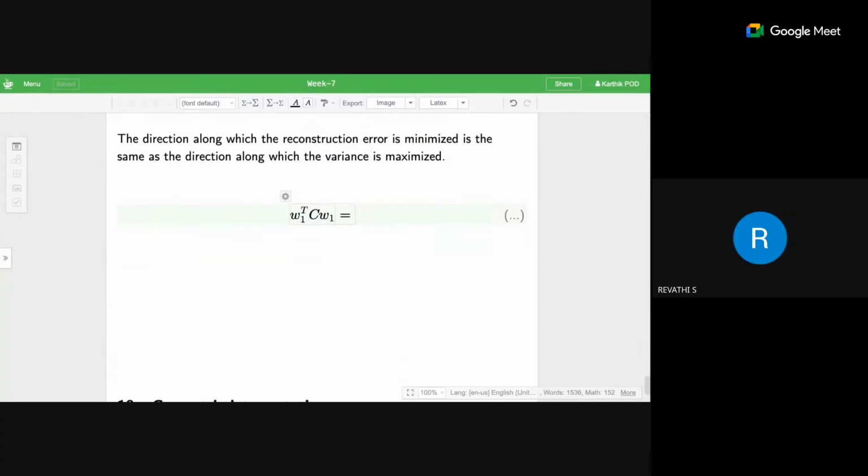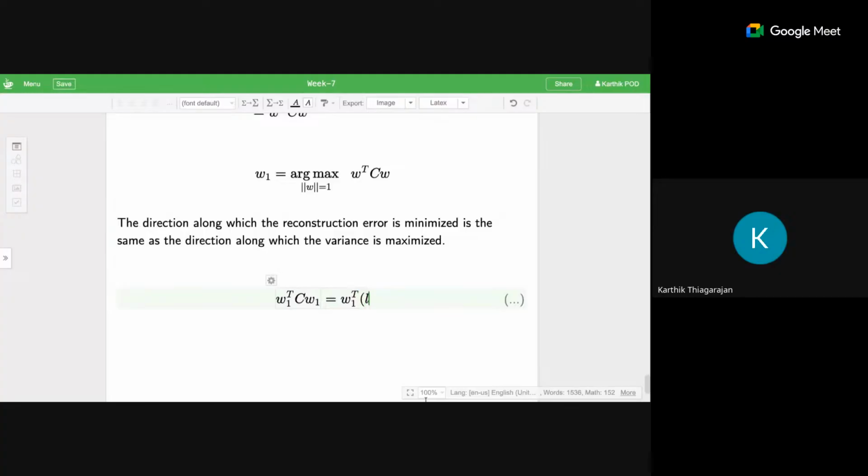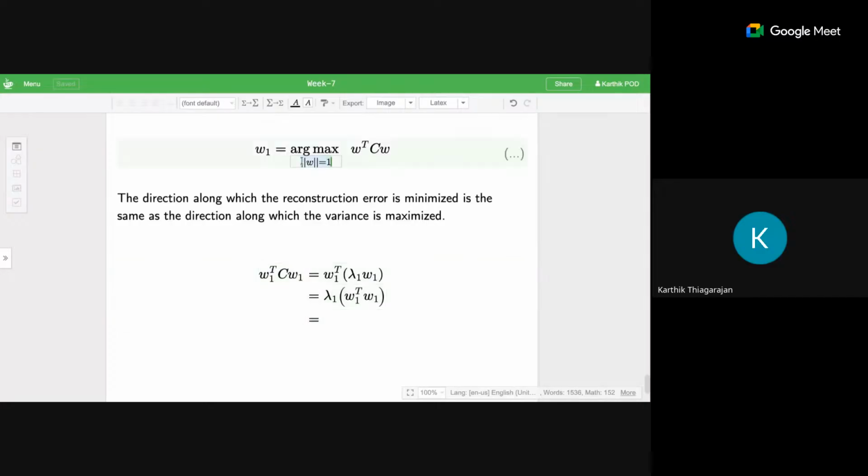It is lambda 1 W1, because we haven't shown this, but we said that the argmax of this is nothing but W1, the eigenvector corresponding to the largest eigenvalue. So this is nothing but lambda 1 W1. Now if you expand it, you will end up with lambda 1 into W1 transpose W1. But what is W1 transpose W1? It is 1, right? So W1 is a unit norm eigenvector. That is what this means.